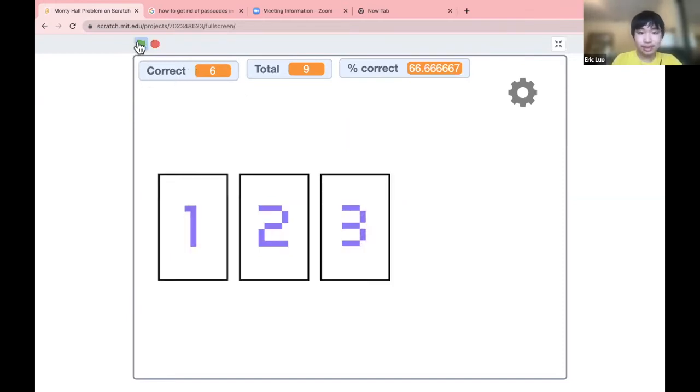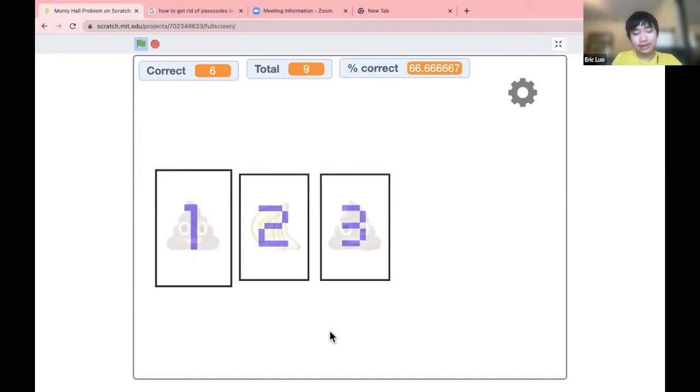On the other hand, if we click on a piece of poop first, what do you think will happen when the host reveals the other door? Then the last door would probably be a banana. Yeah, it's not even probably, it has to be a banana, right?